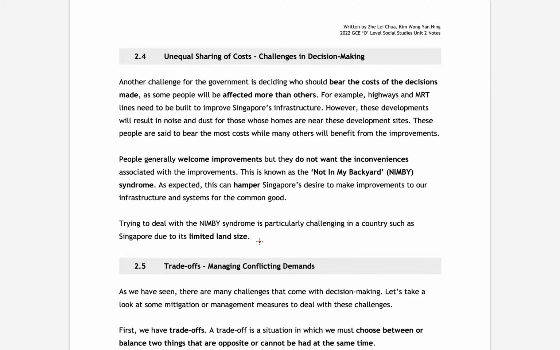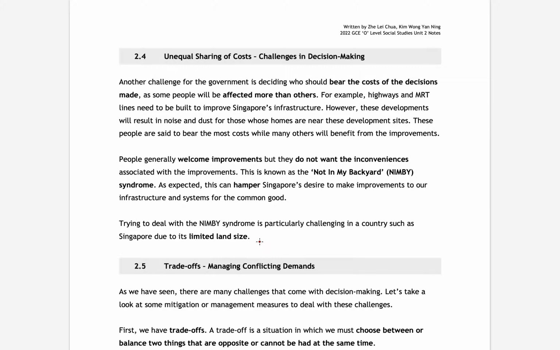So you always hear noise outside, right? Singapore is a country that's always under development. So although it will help a lot of people, the people who bear the cost of the decision are very different. Some people will definitely be affected more than others. Those people that live near the development are said to bear the most cost. Even though a lot of people are benefiting, they bear the most cost for the development.